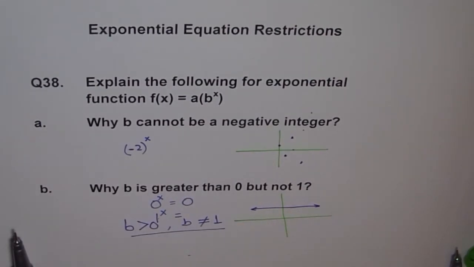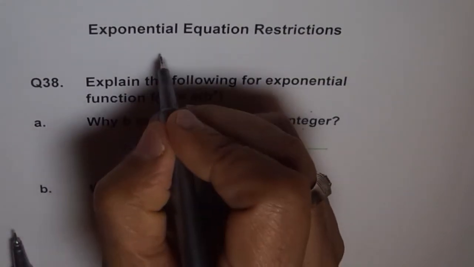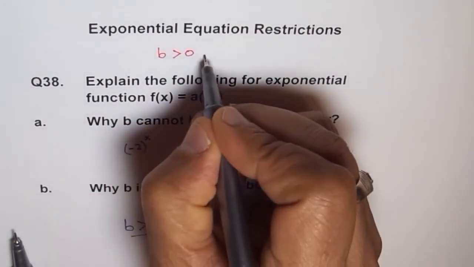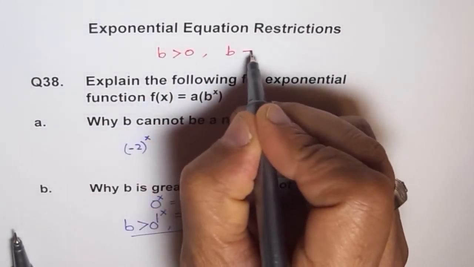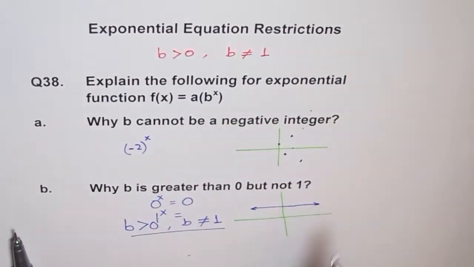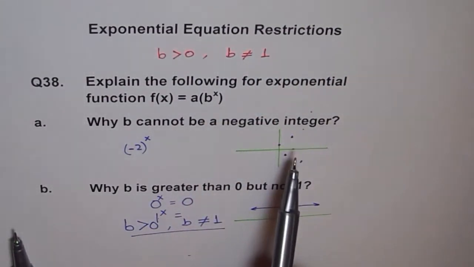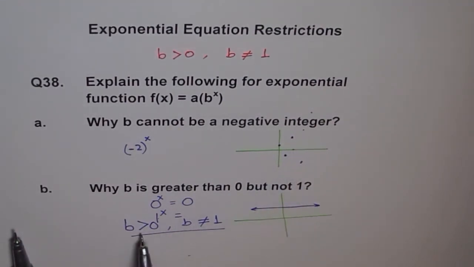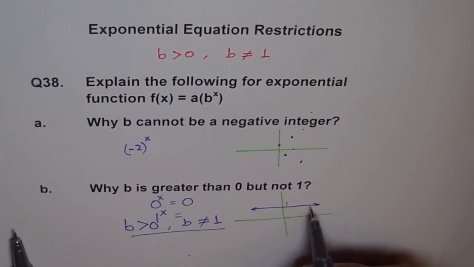So let me write it here clear in bold, that our base b should be greater than 0, right? And b is not equal to 1, correct? As you have seen, if b is negative, it oscillates between positive and negative values. And if b is 1, then we get a horizontal line at 1. Do you see that? Which is not exponential, correct?